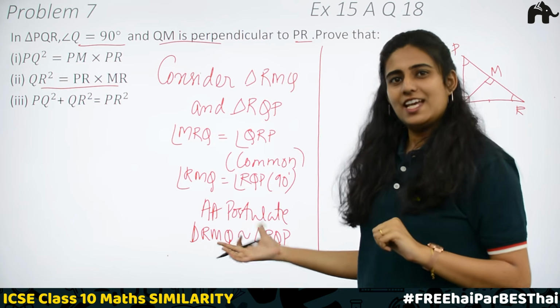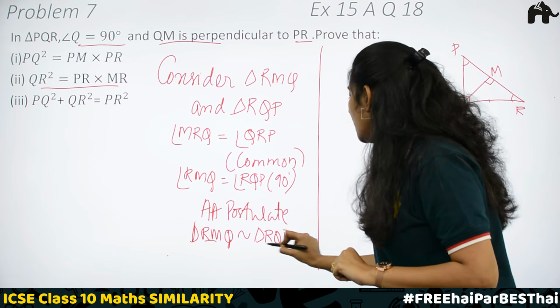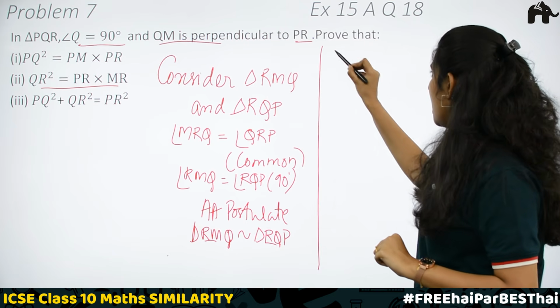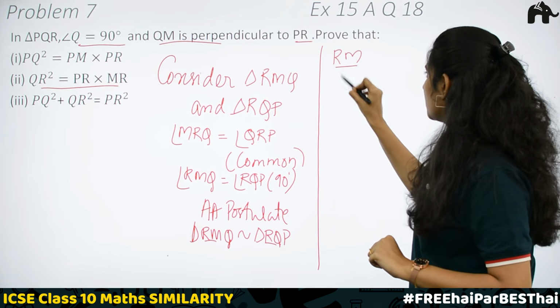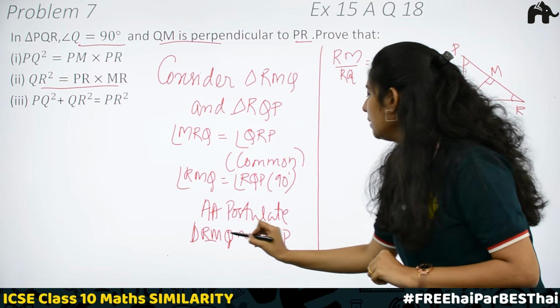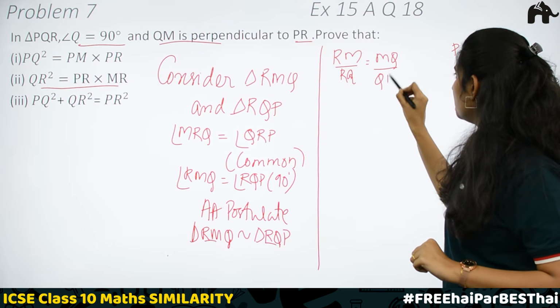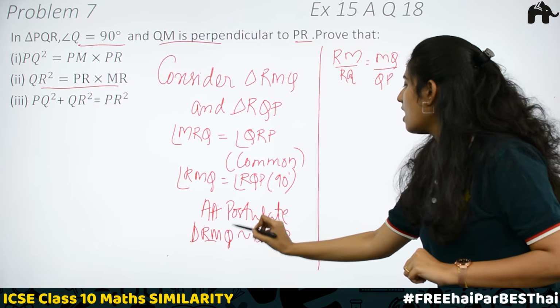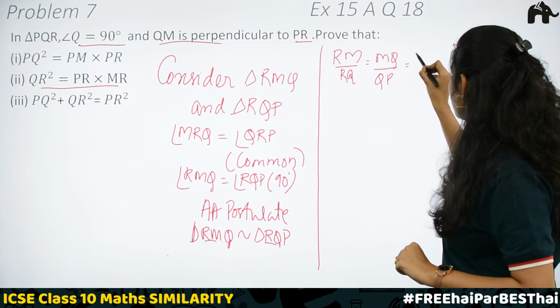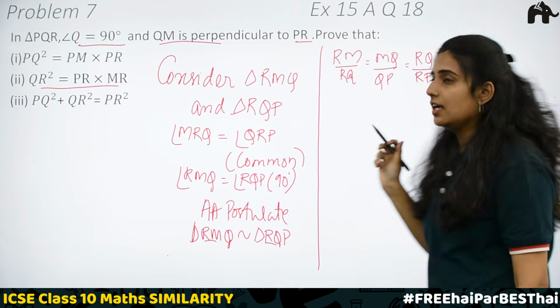Next what? Yes, taking the ratio of the corresponding sides. RM and RQ are the corresponding sides. RM by RQ ratio will be equal to MQ by QP, and that is equal to RQ by RP. Okay. Now check the sides.